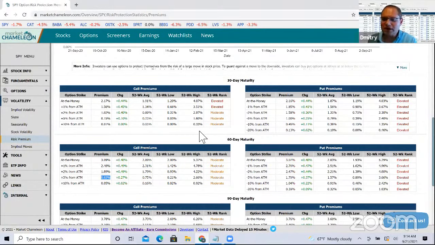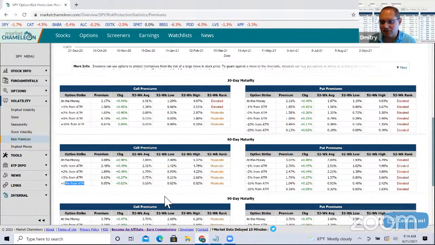Now, a lot of times when you read about skew, you're going to read headlines like, the puts relative to the calls are very expensive, and they'll compare it. When they look at it, a lot of times they'll go to the 10%. Now, I think 10% is very extreme in the SPY, but we'll take a look at the 10% because that's where you probably read the headlines.